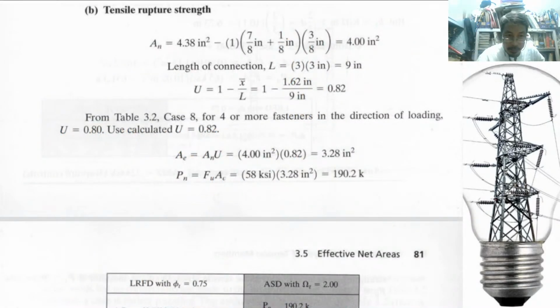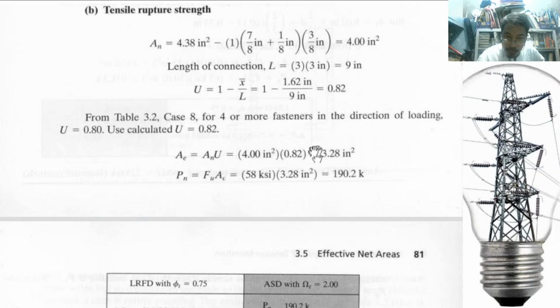We have 0.82 in our previous computation, and on case 8 we have 0.8. So compare 0.8 and 0.82, use 0.82, the higher one. Therefore, our effective area is 3.28. Just multiply the net area with 0.82.